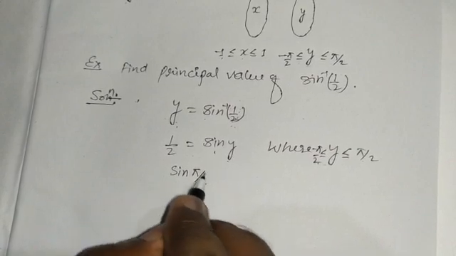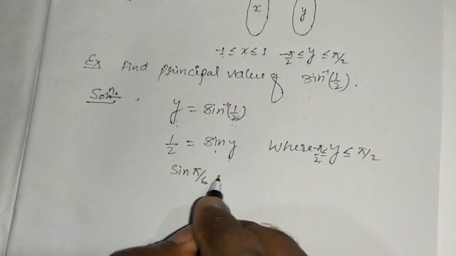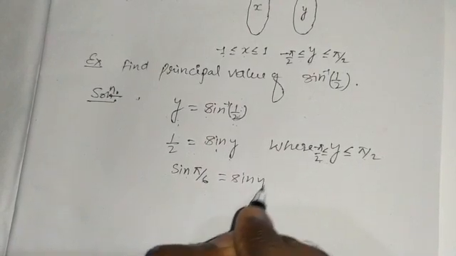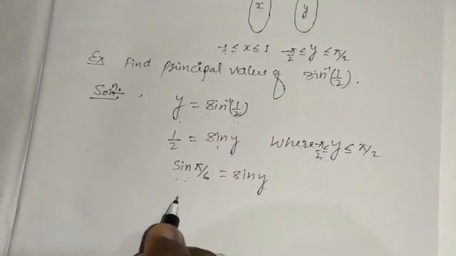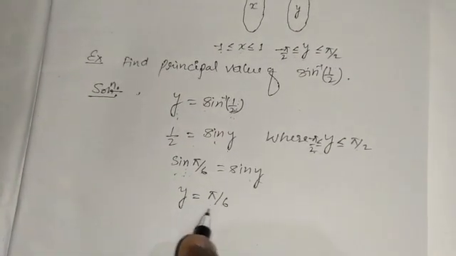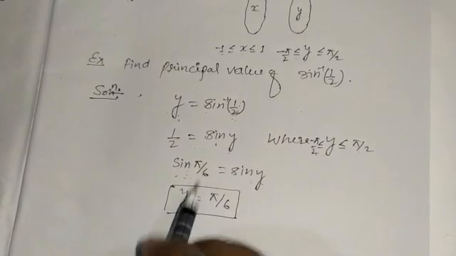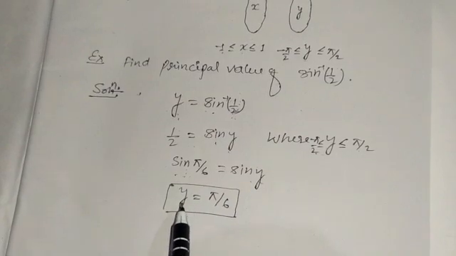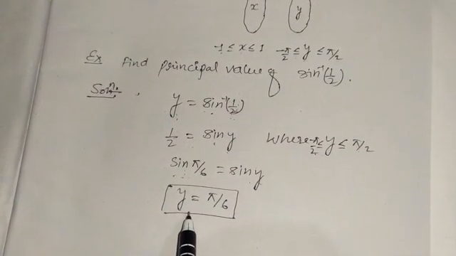The value of sine π/6 is 1 upon 2. In place of 1 upon 2, write sine π/6 equals sine y. Now both functions are equal, so compare and write the value of y. Then y will be equal to π/6. This will be the principal value of this inverse function. Always remember, the principal value always lies in the range.